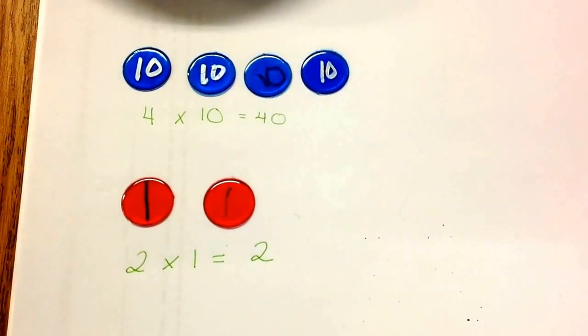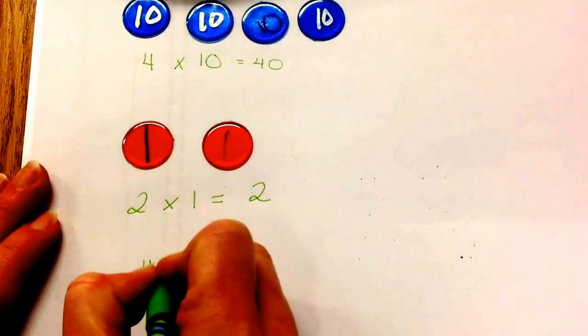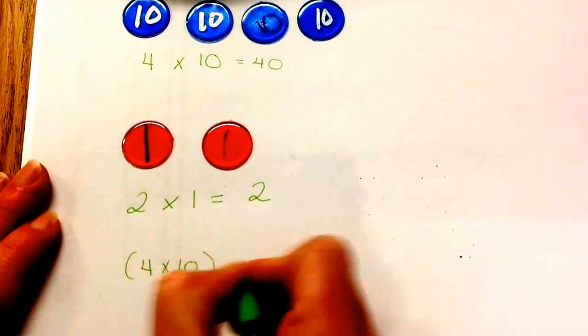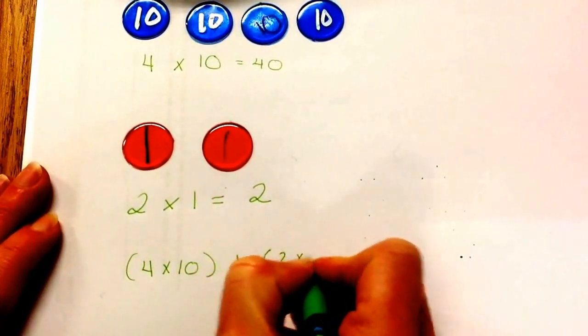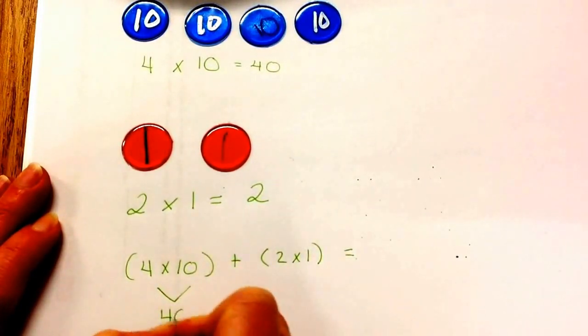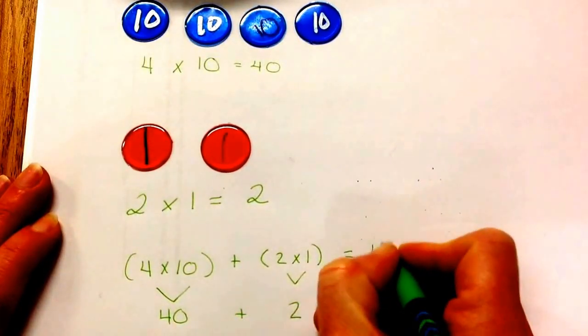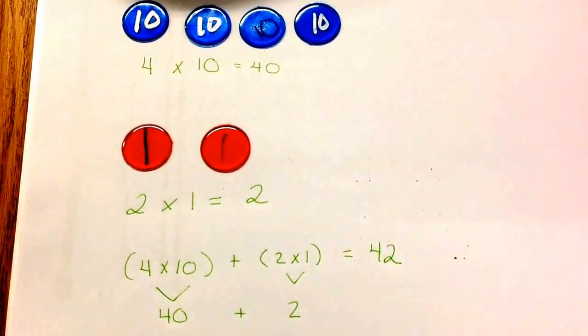Now what if I wanted to know what they were combined? Well, I could have just written it out like this. 4 times 10 plus 2 times 1 equals, solve, and you get 42.